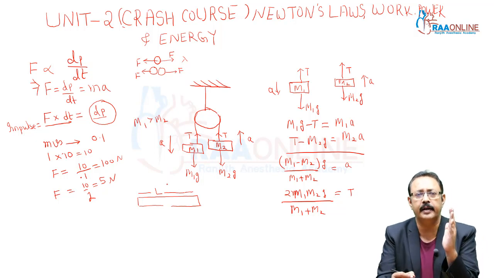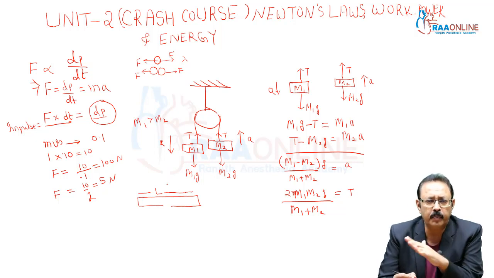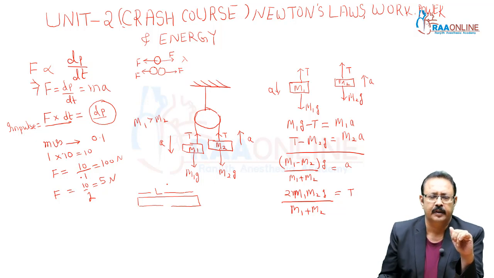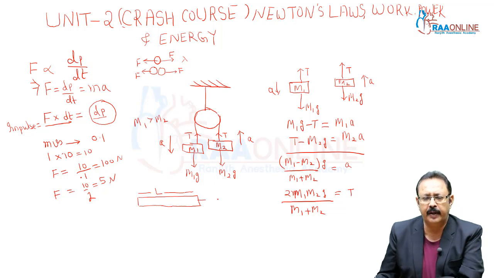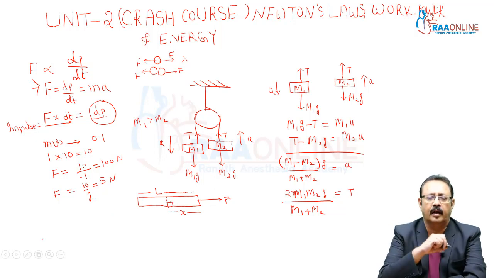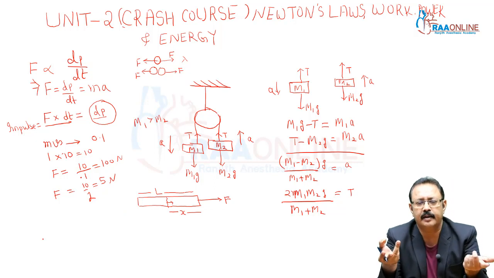It means mass is uniformly distributed, and every unit length has the same mass. And we are applying a force F on this end. They will say, from this end at distance x, calculate the tension on this part. How to solve? No two masses are there.